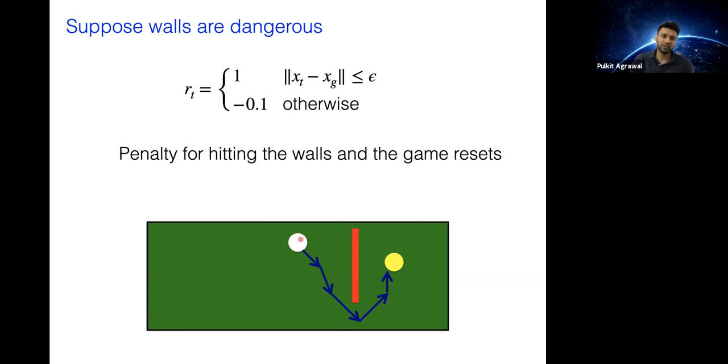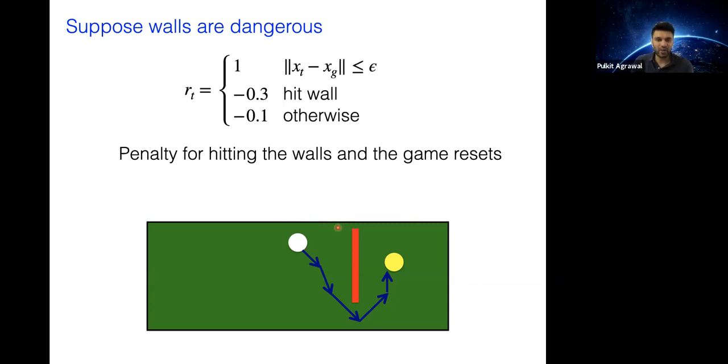So what I could do is have a penalty for hitting the wall, and then reset the environment. For example, I'm going to get a sparse reward, but a very low reward for hitting the wall, and minus 0.1 otherwise. So this could be one way for the agent not to hit the walls, and this red wall in the middle. Now let's see what happens.